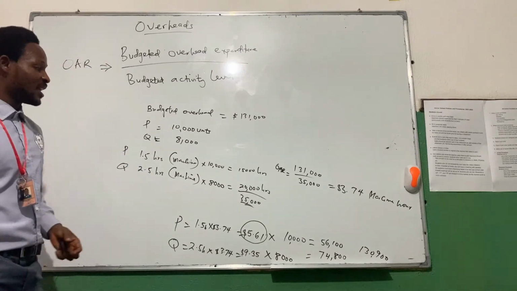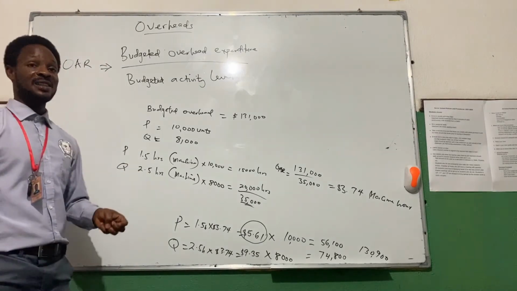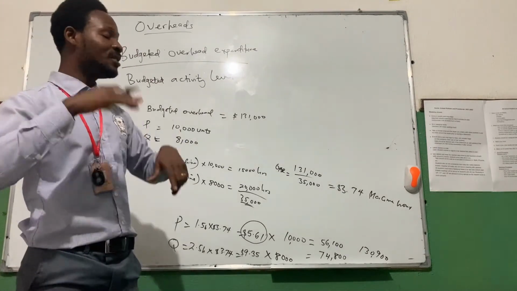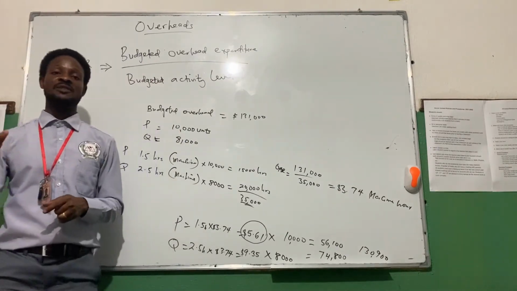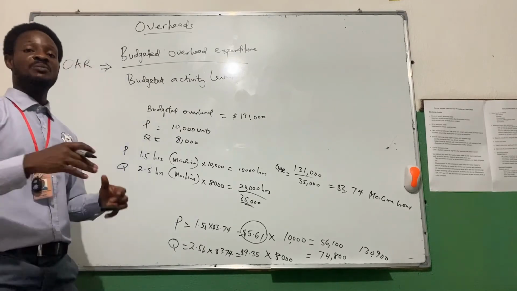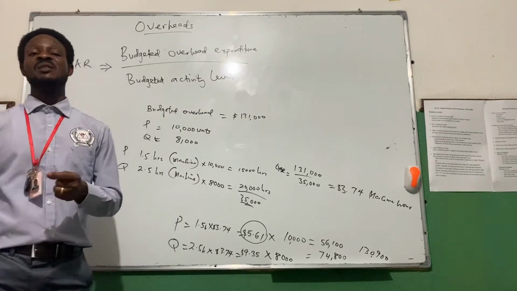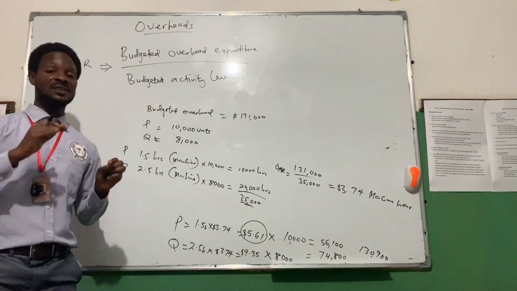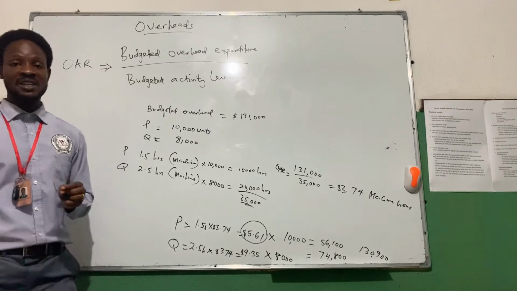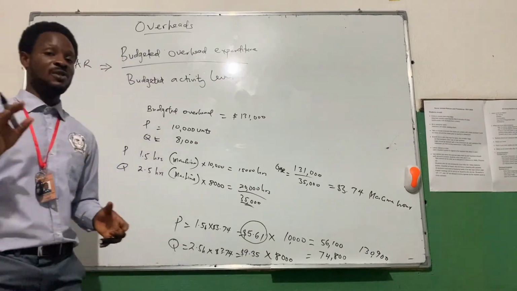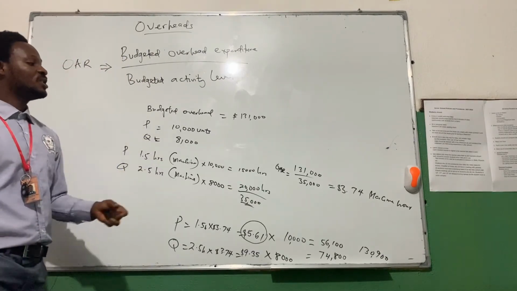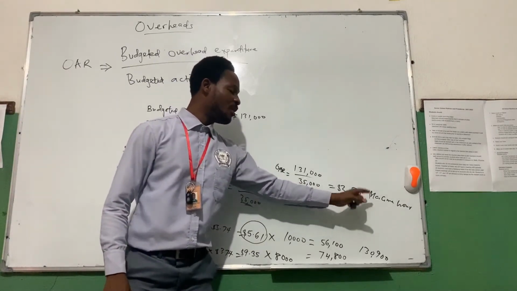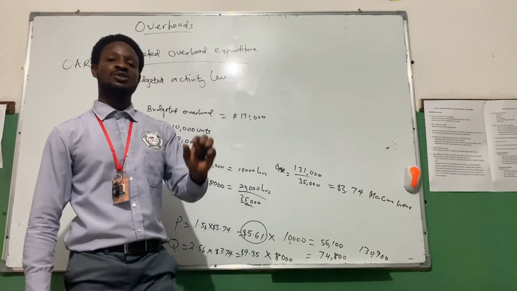So, overall recap: OAR is the overhead absorption rate. The formula is budgeted overhead expenditure over budgeted activity level. Activity level can be labor hours or machine hours, based on the intensity of the business. If it is capital intensive, it's very likely to be machine hours, and vice versa for labor intensive. We use that formula to get the overhead cost per hour.